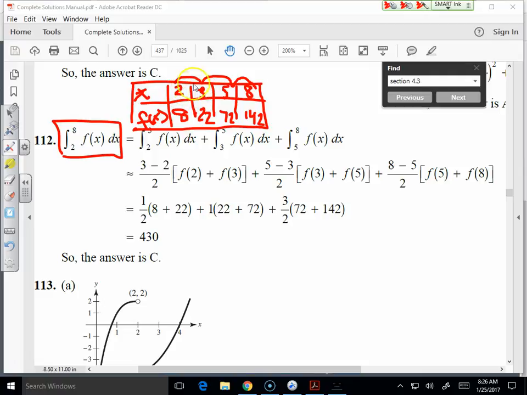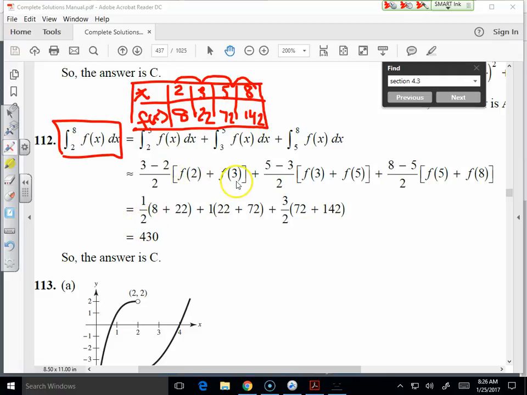Change in x's. So Bridget, watch out, because the table looks funny. From a table we get the base by subtracting the x's. So 3 minus 2 is 1 for the first trapezoid. A base of 1 times 1/2.